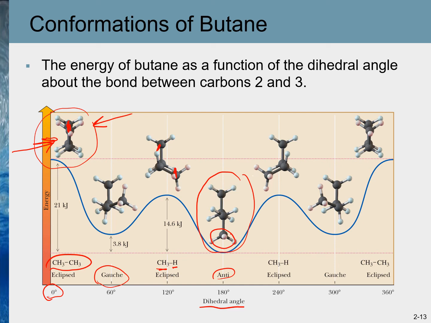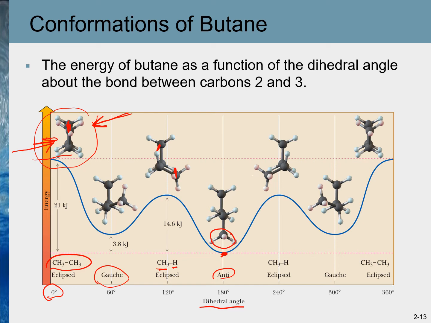So if we consider anti energy to be 0 and calculate the energies of other conformations with respect to anti, we can find that the methyl-methyl eclipse is 21 kilojoules per mole higher than the anti, and the Gauche conformations are only 3.8 kilojoules higher than the anti.